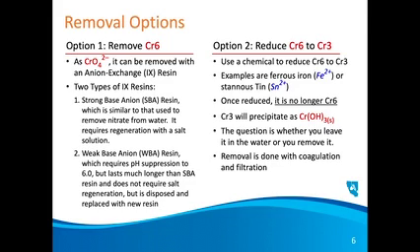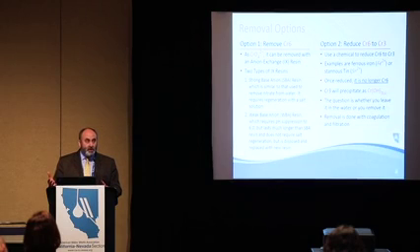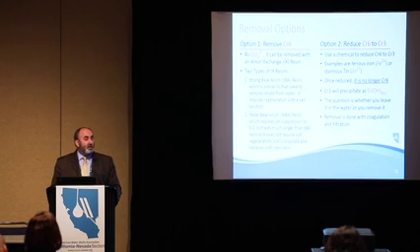And it can last for 100,000 bed volumes and more, depending on different water chemistry characteristics. But the bottom line is you do not need to regenerate it with salt. You simply replace it, just like you do with GAC. You dispose of it, bring new resin, and put it back in service. But again, the problem is you have to depress the pH to 6, and then obviously bring it back up afterwards with a caustic to make it okay to put in the distribution system.